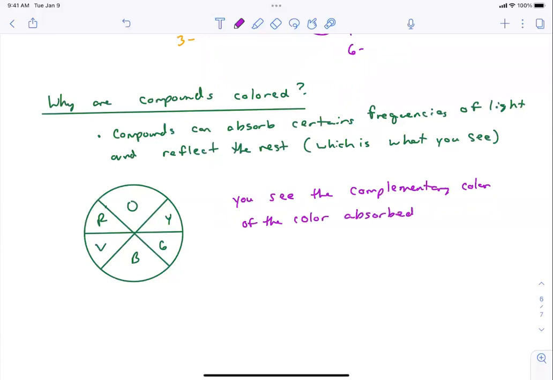So if I see orange, it's because my compound's absorbing blue. If I see violet, it's because my compound's absorbing yellow. That's what I see. This color wheel is given to you in your data booklet.